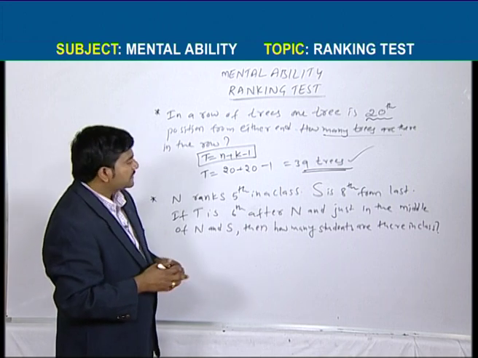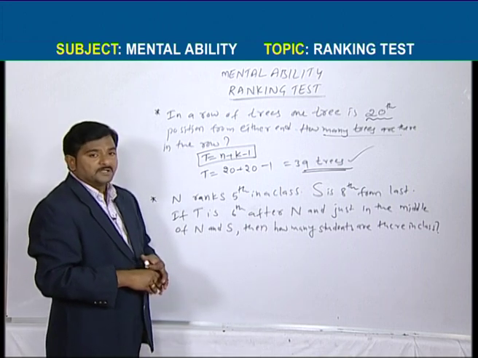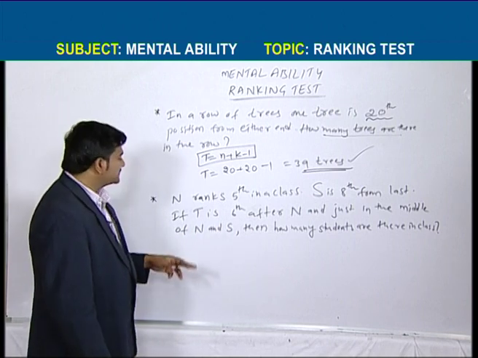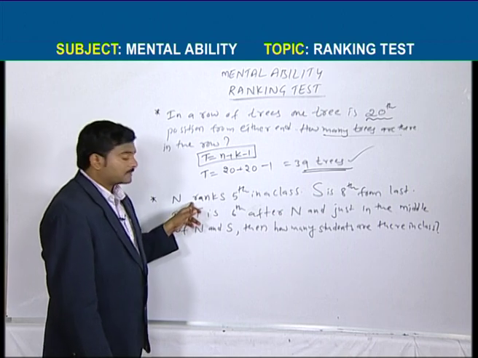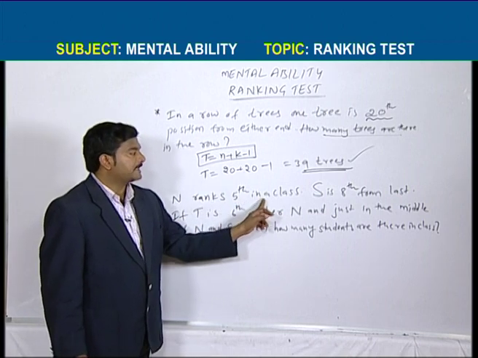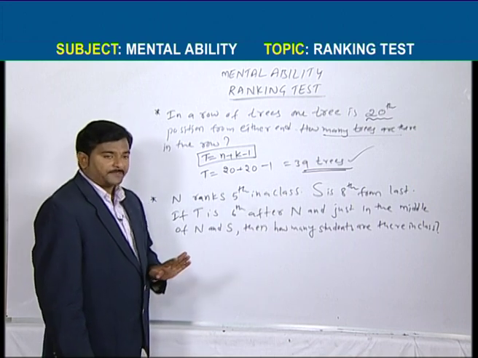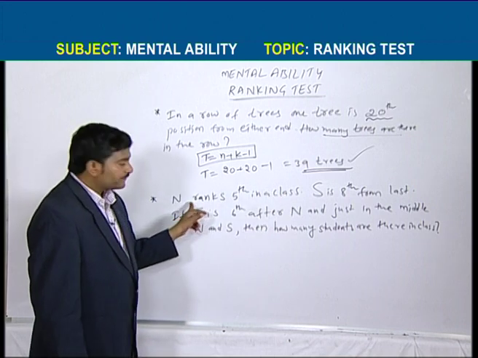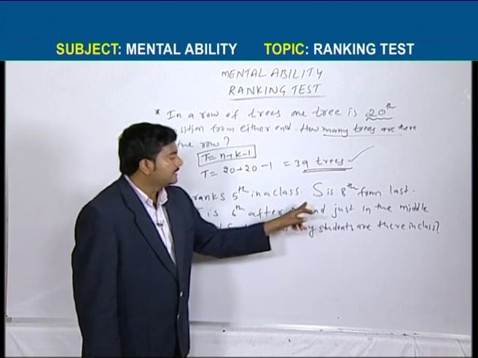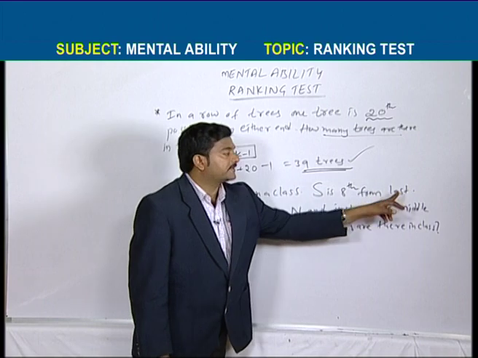Now observe here, this is a somewhat different concept. We can apply this without using the formula T is equal to n plus k minus 1. See what he mentioned here: N ranks 5th in a class. I repeat this question once again: N ranks 5th in a class, and S is 8th from the last.